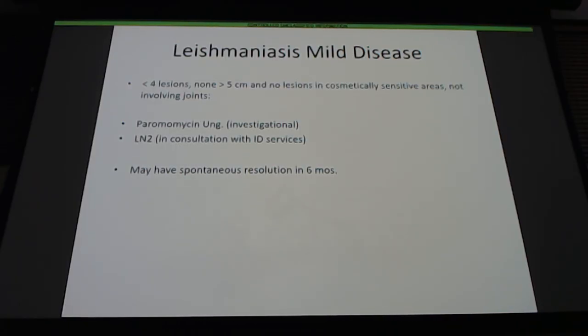But if it does continue to go on, you probably should send them off to a dermatologist or an ID guy if you think it's leishmaniasis. But understand, less than 4 lesions, less than 5 centimeters, and not on cosmetically sensitive areas, you could probably just treat outpatient. No issues, no problem. Got that part?